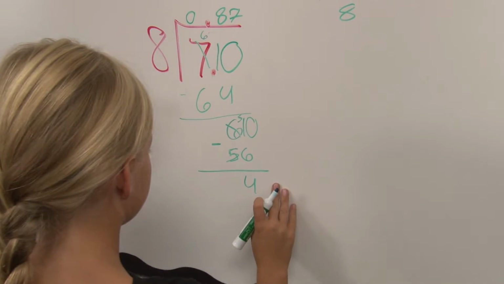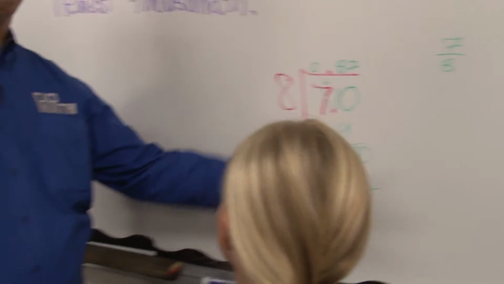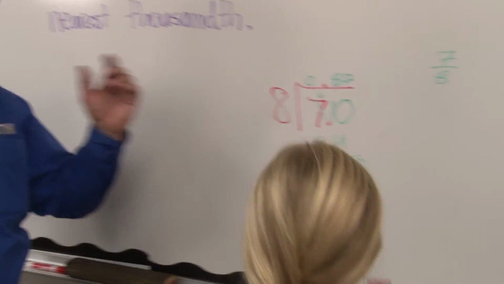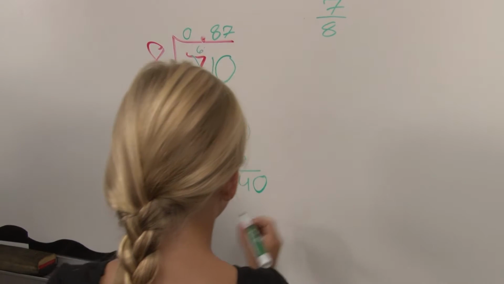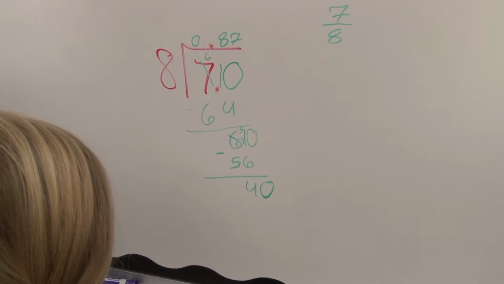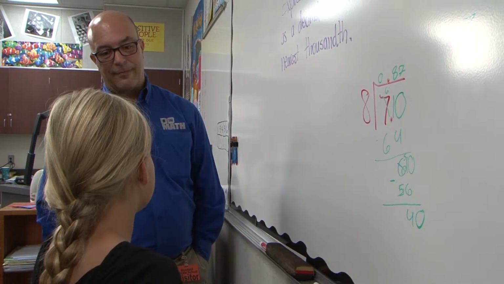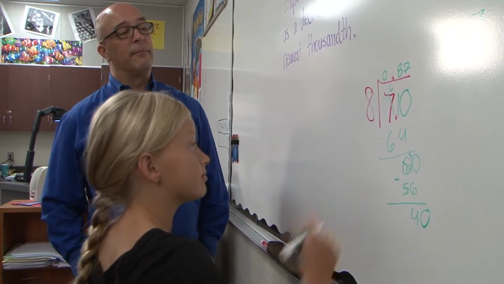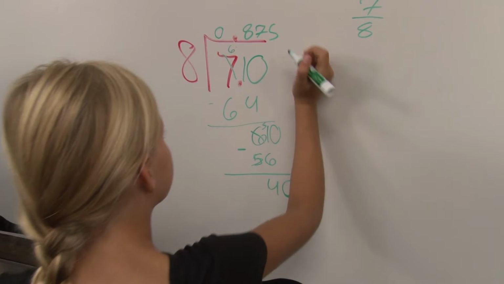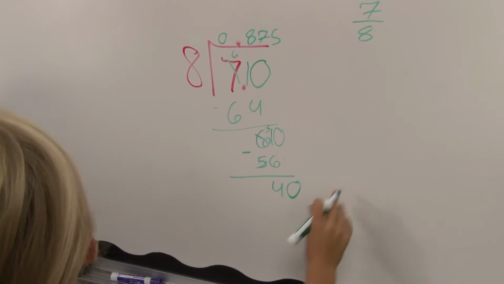All right, and 8 won't go into 4, will it? So what do we do now? Put another 0. All right, let's put another 0. Now we have how many times 8 goes into 40, which is 5 times. Okay, so go ahead and put 5.